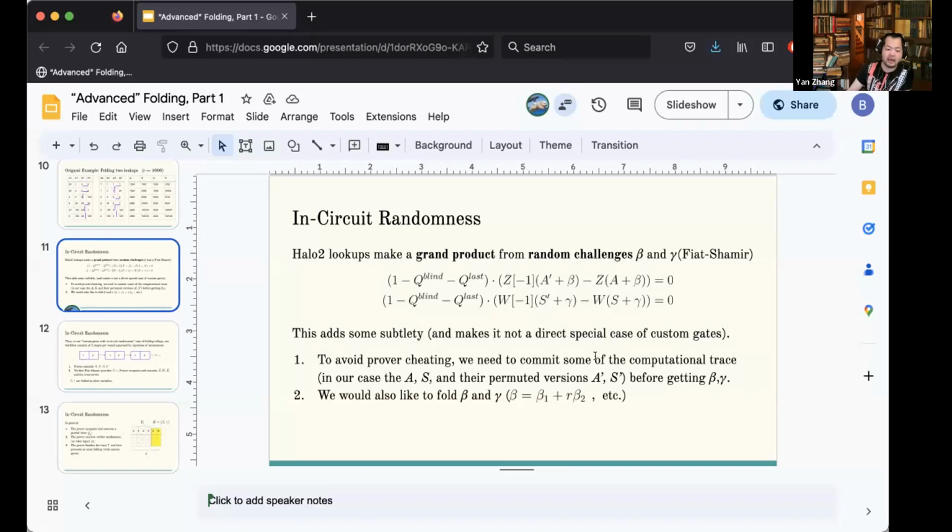The other thing we want here is to be able to fold the beta and gamma as well, because that's going to be some linear growth of things to keep track of if we are folding like a million calculations together. So this is why we have to upgrade the Sangria sketch a slight bit to do this thing that we call custom gates with verifier randomness.